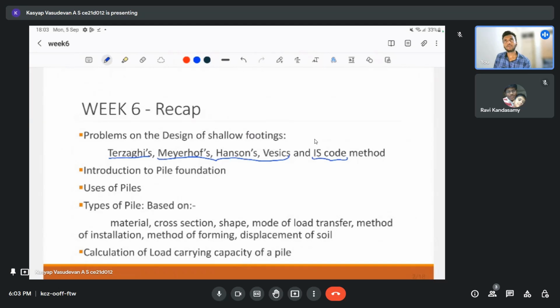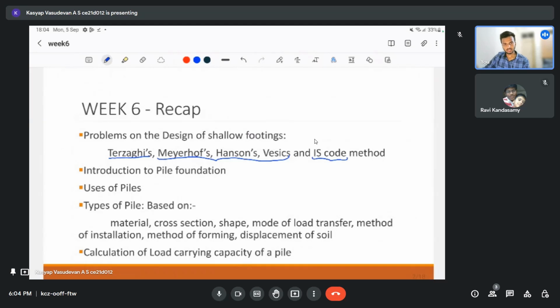After solving a few problems, in this week 6 we entered pile foundation. Pile foundation is one of the deep foundations. Generally we consider shallow foundation first, but there are many conditions where it may not be sufficient, because either the load will be very high and the bearing capacity available at shallow depths will not be enough, so we'll have to go deeper and deeper while doing soil investigation and find a competent layer where we can expect better strength.